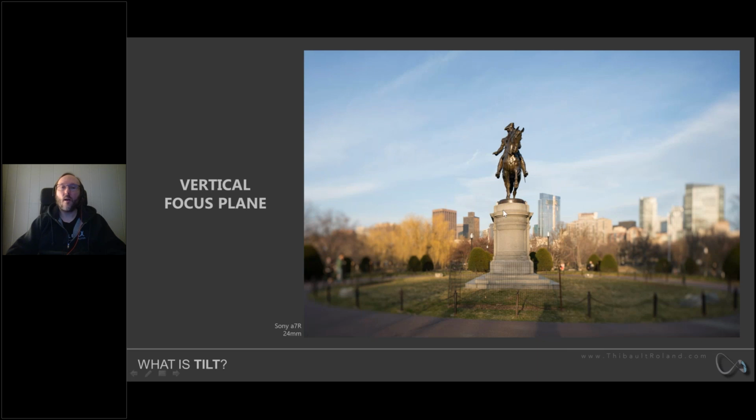So you see here how the statue is perfectly sharp. Everything on the left, everything on the right is becoming blurrier and blurrier the further I go from that statue. But everything along this line is perfectly sharp, including this pole here of the fence.